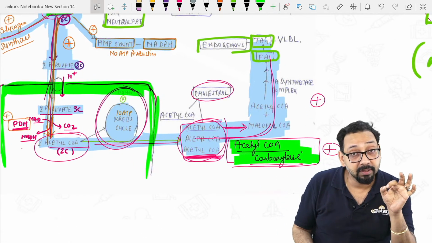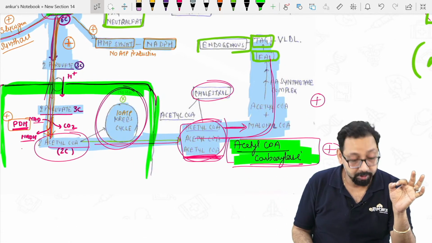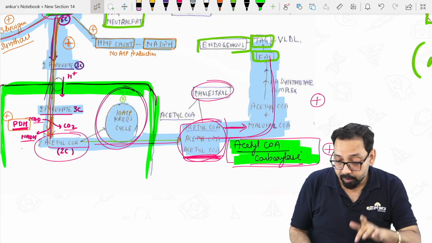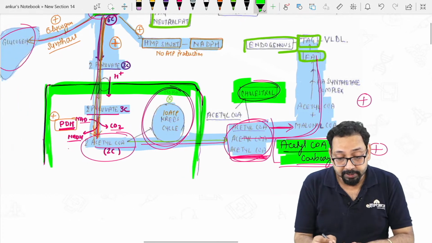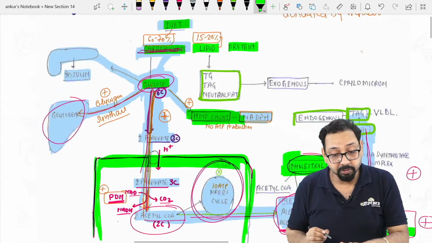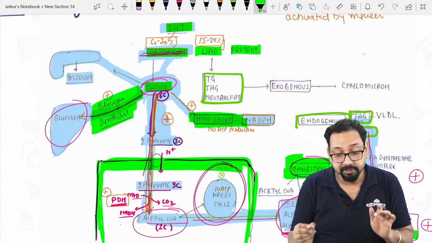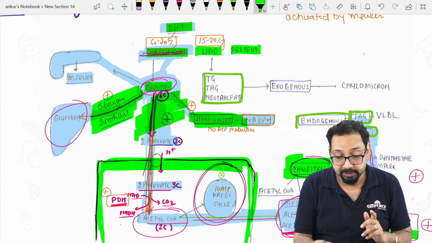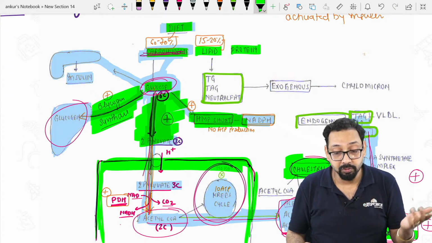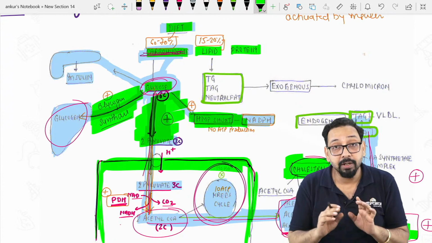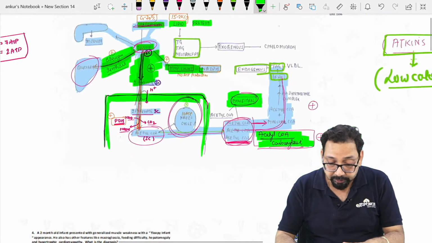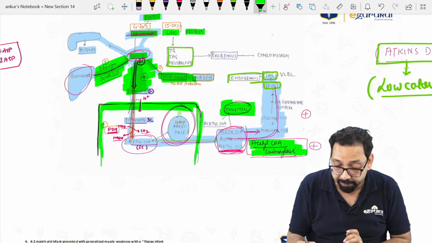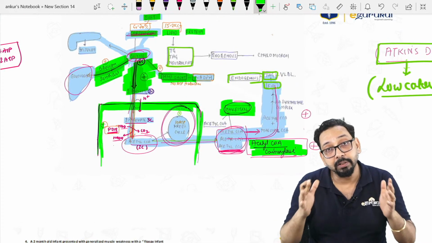Cholesterol synthesis occurs in mitochondria or cytosol? HMP shunt occurs in mitochondria or cytosol? Glycogen synthesis occurs in mitochondria or cytosol? Glycolysis occurs in mitochondria or cytosol? All these pathways are occurring in cytosol. Yes, all these pathways outside this chamber are occurring in cytosol.